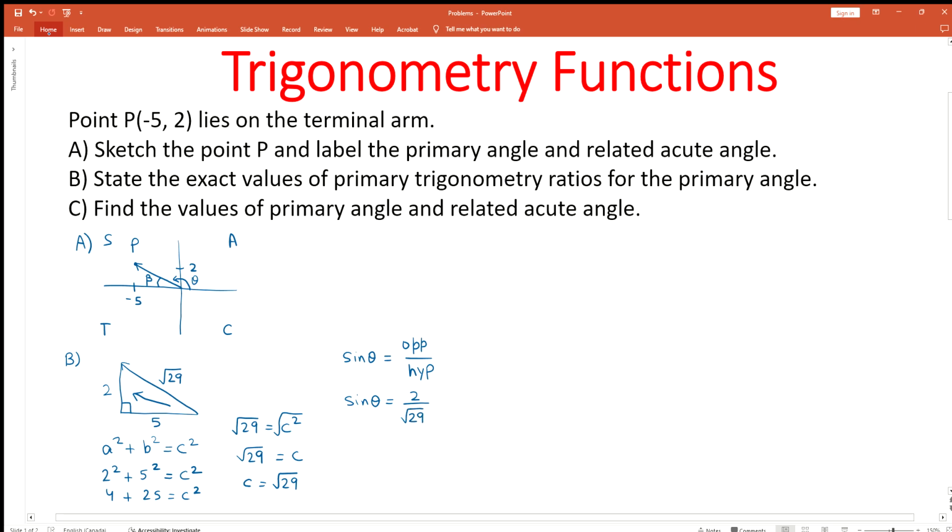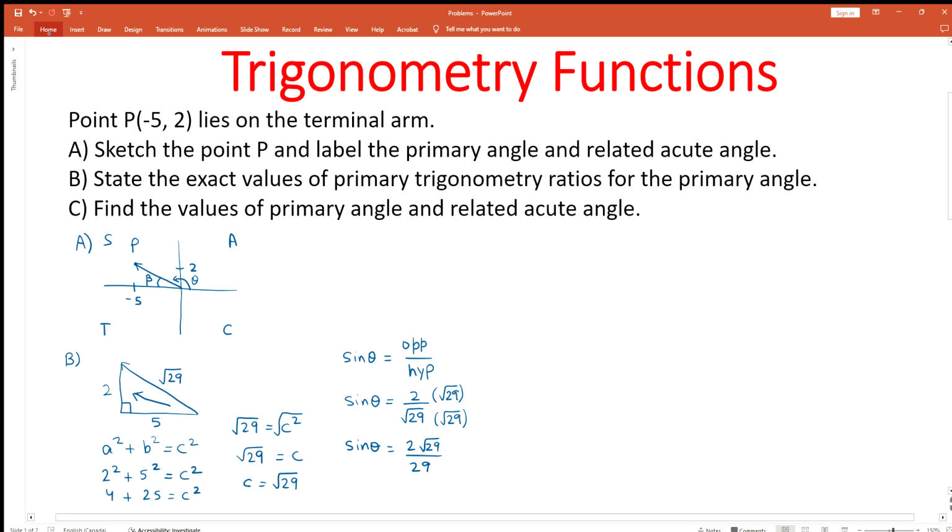Since sine is positive in quadrant 2, this fraction should be a positive fraction. We can rationalize this answer by multiplying the numerator and the denominator by square root of 29. This should be the final answer for sine theta.